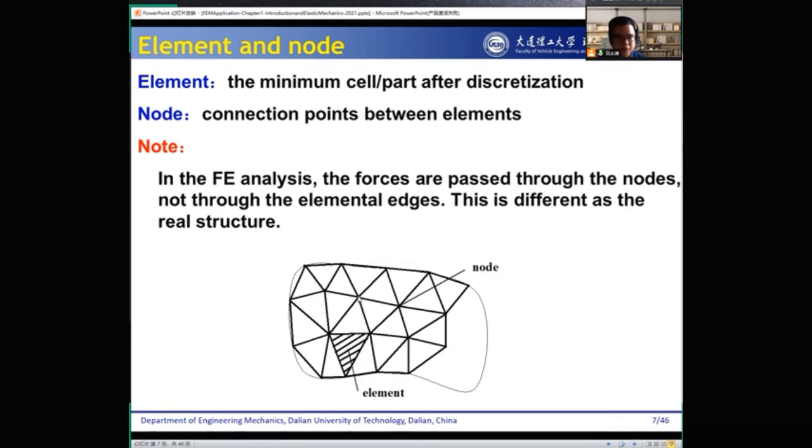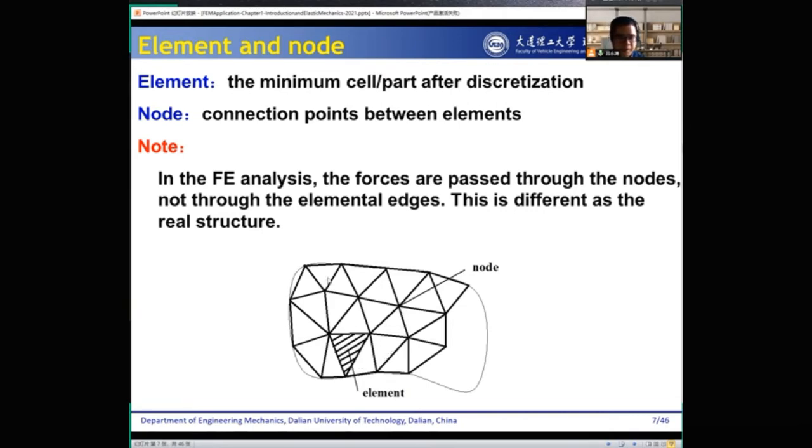So for this system, if we give a force, the force will pass through all the nodes and elements, and then into some other part of this object. So this is the definition of the nodes and the elements.